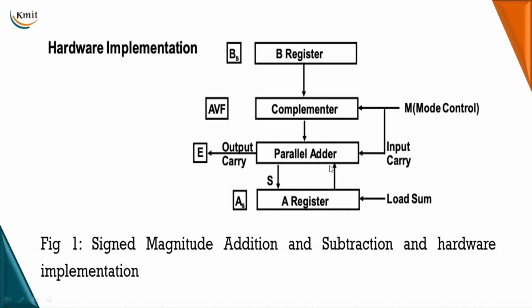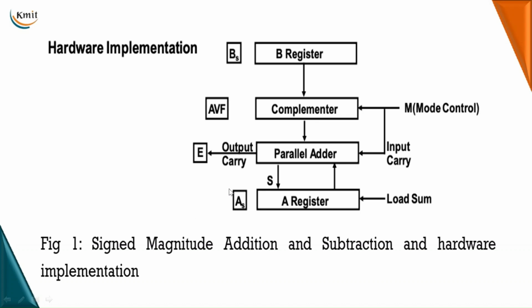Based on these requirements, the hardware implementation has been done, which contains two registers A and B that are used to store the magnitude part of your data, and the flip-flops AS and BS, which are used to store the sign bit.